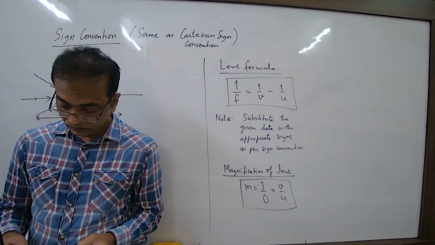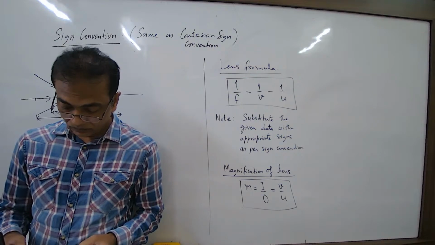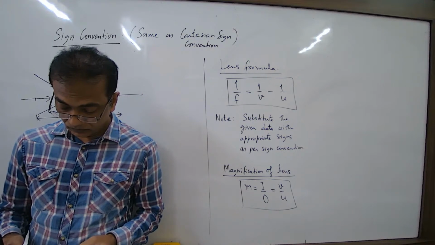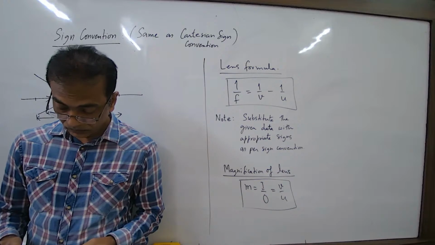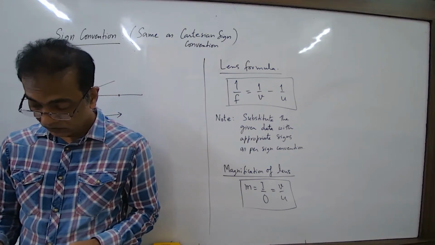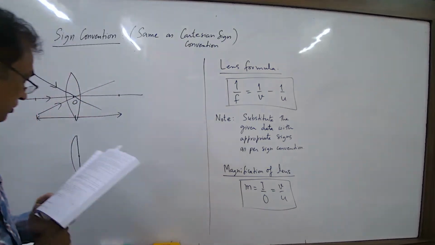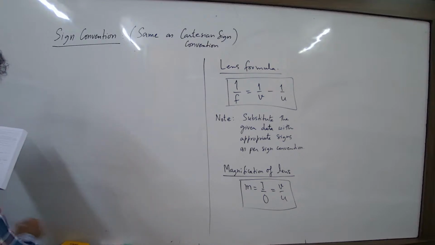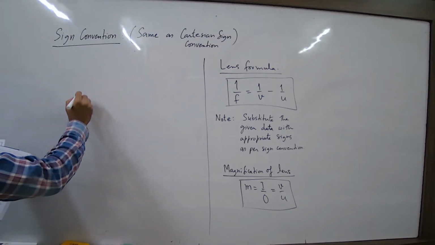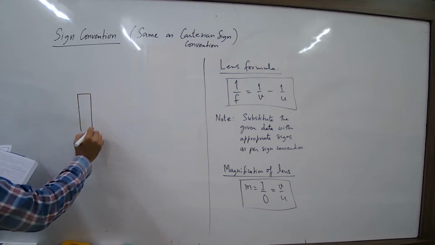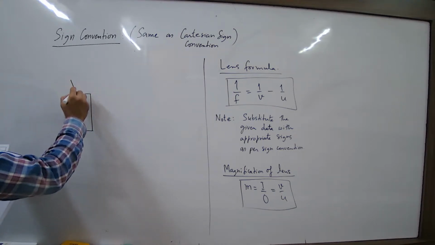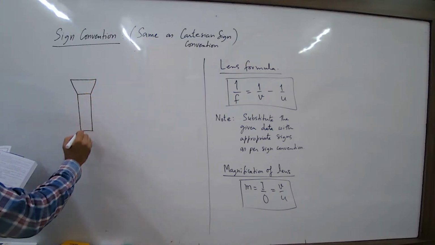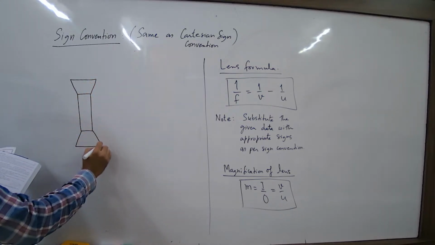Now, the final emergent ray either meets X dash X at a point or appears to come from a point on X or X dash. Label it as F. What is this point? Where will be the F? So you have this diverging lens.